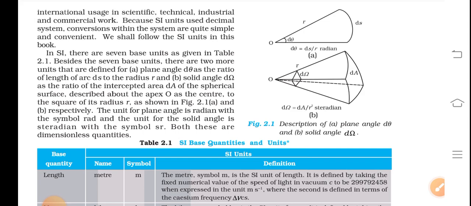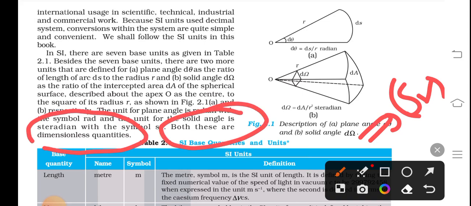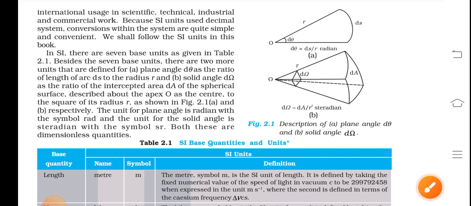Whereas for solid angle it is steradian, with the symbol sr. Both of these are dimensionless quantities. This is the hit point. One should focus: these are dimensionless quantities. In recent papers, there may be a chance for assertion reasoning also. So have a look.